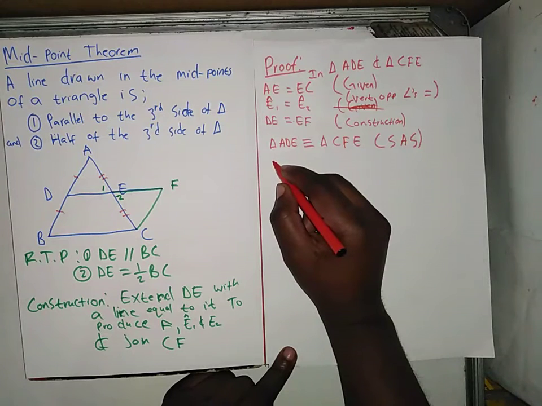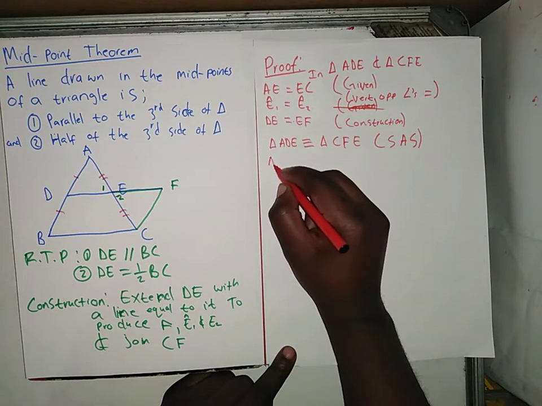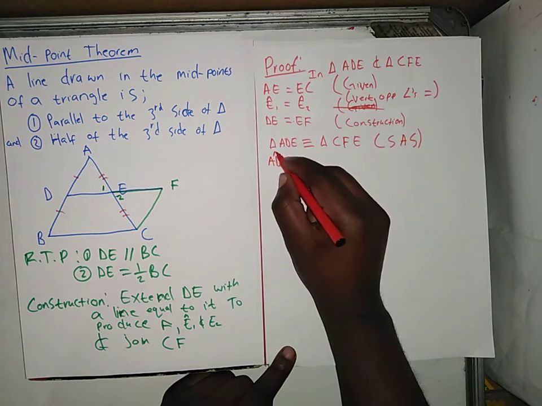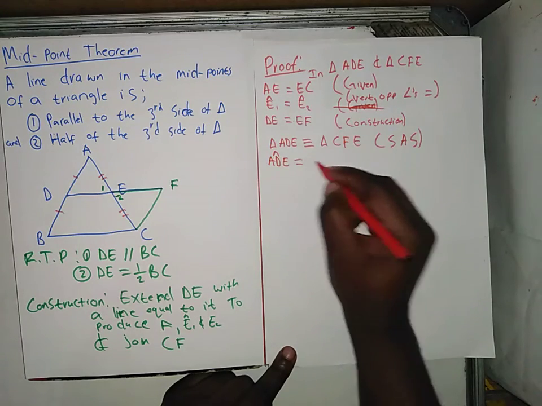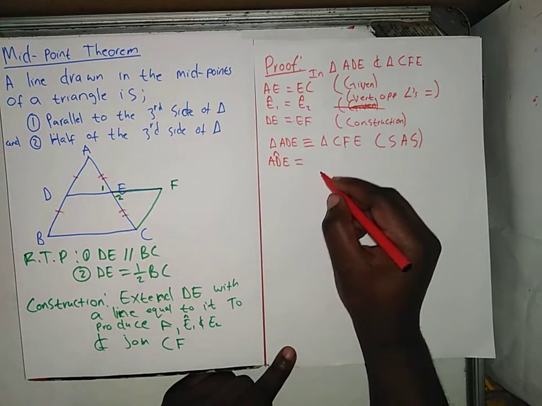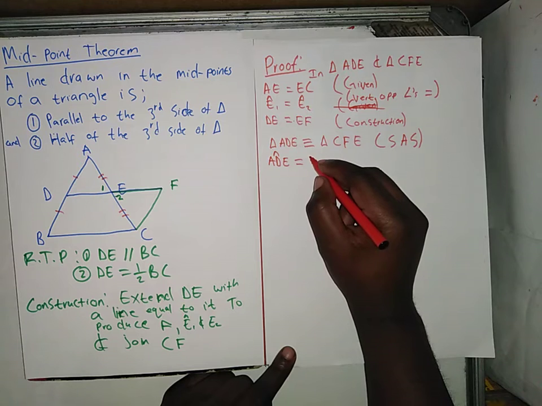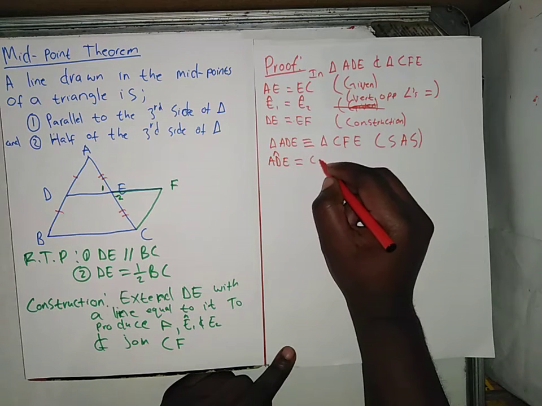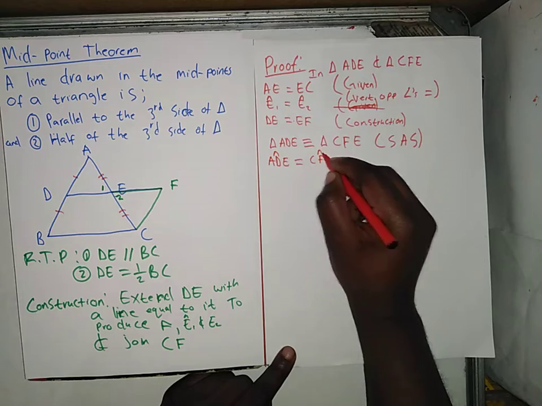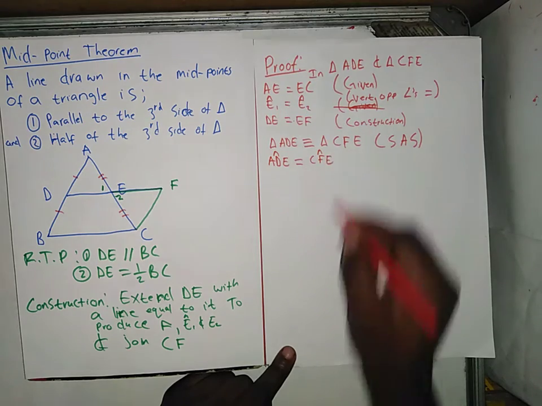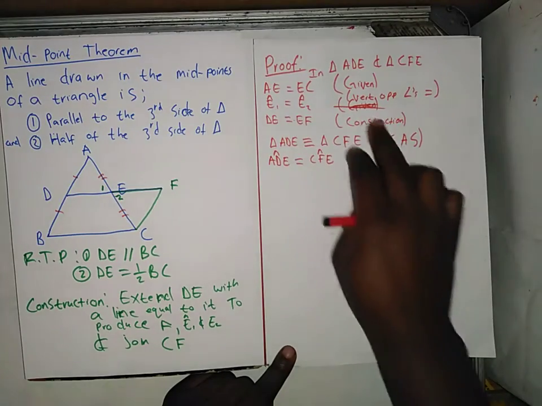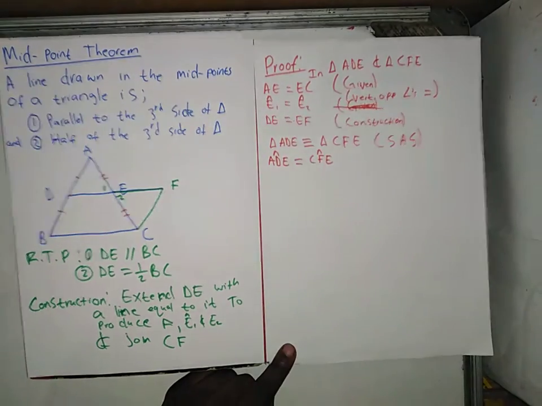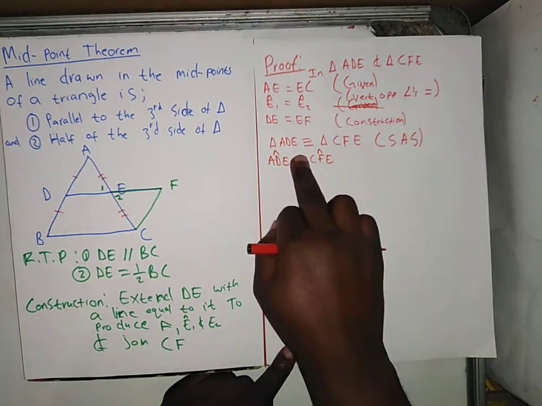So angle ADE is equal to angle CFE. Can you see that? Because of this congruence. If we did not have this congruency, we couldn't have established this.